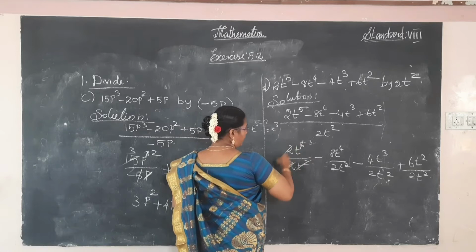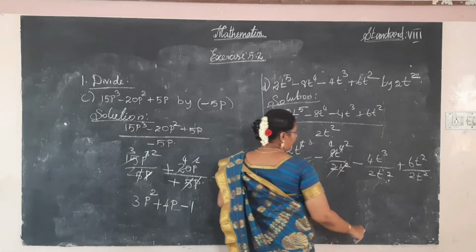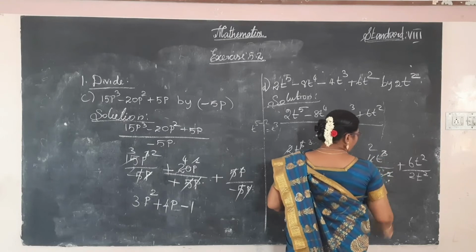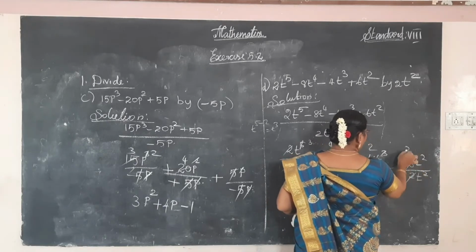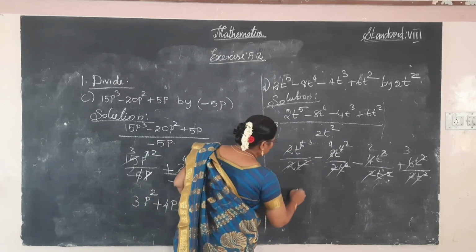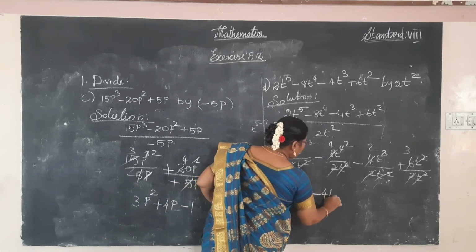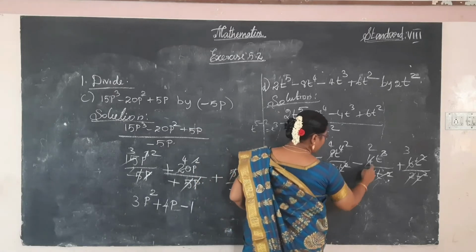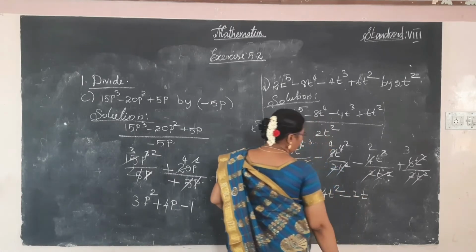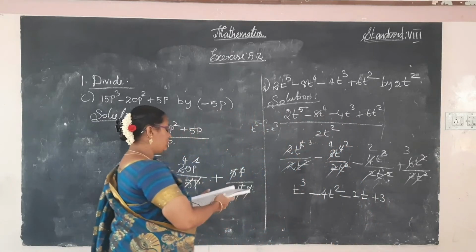Then 2 will be cancelled, and 2 terms cancel in t, and then 2 twos are here, 2 terms cancel, only one term is there, and t square cancels. Now write the answer: t power 3 minus 4t power 2 minus 2t plus 3. That's all.